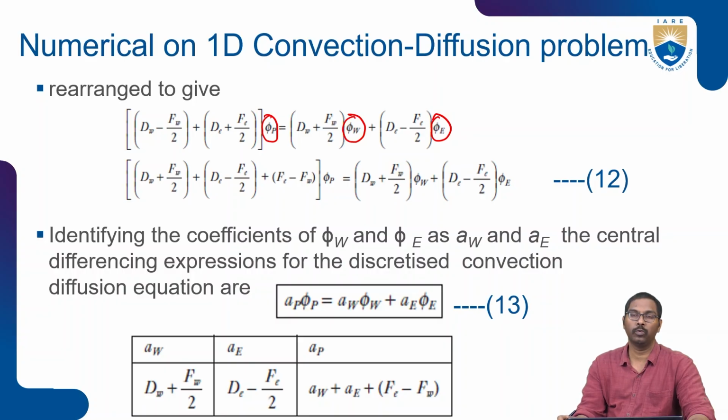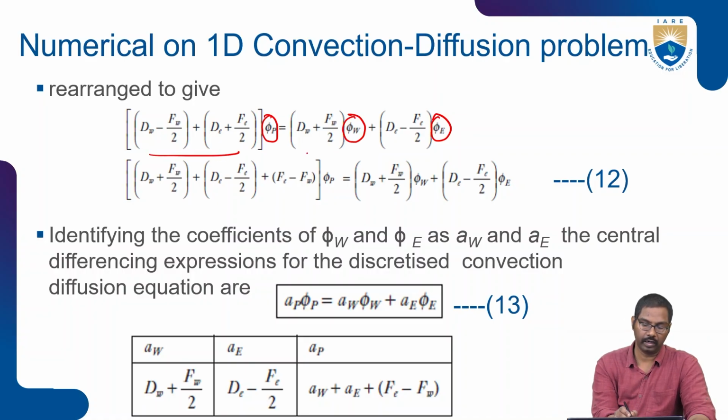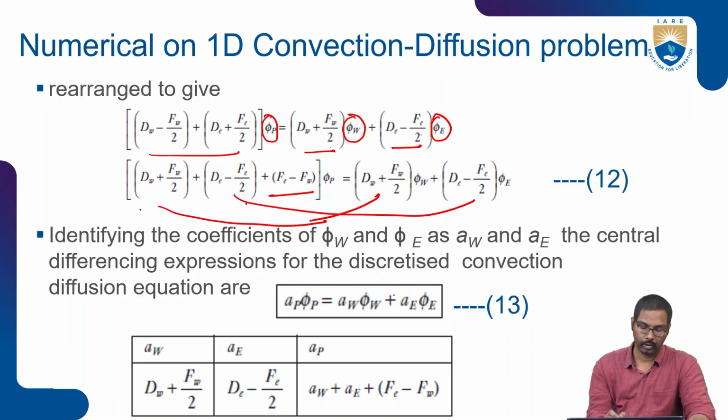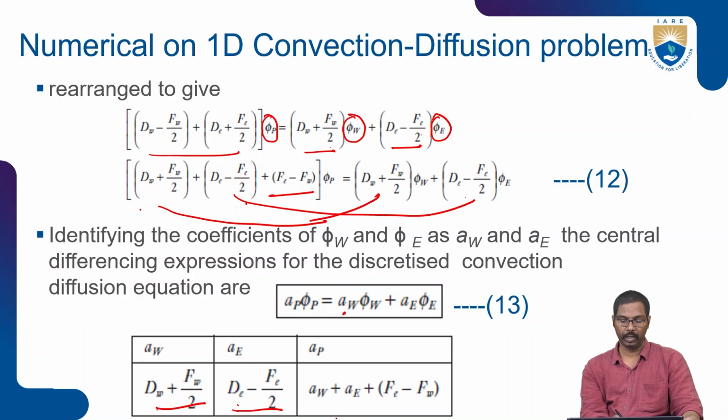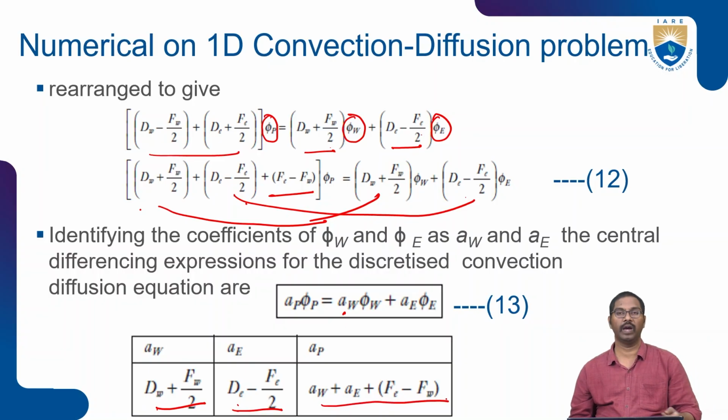To make this equation more simplified, we take the left hand side also in terms of the right hand side terms: dW plus Fw/2 and dE minus Fe/2, and the remaining term is Fe − Fw. So we can correlate these terms as aW, that is dW + Fw/2, and aE, dE − Fe/2, such that aP = aW + aE + (Fe − Fw).